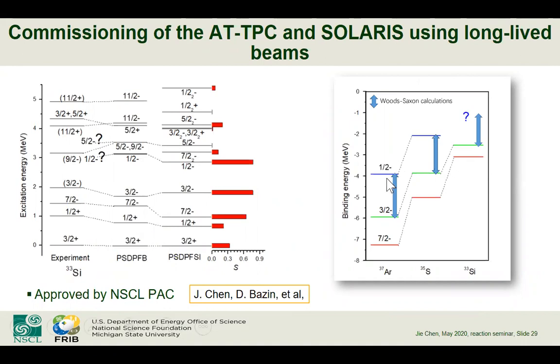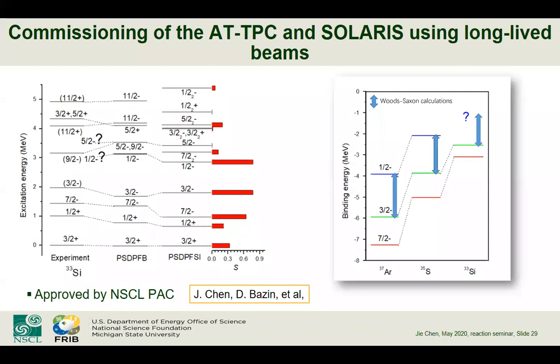I also show you the weak binding effect for the spin-orbit splitting as the green arrow. You can see that the excitation energy of the single-particle strength of the p1/2 plays a crucial role in determining this trend and whether there is a sudden change.